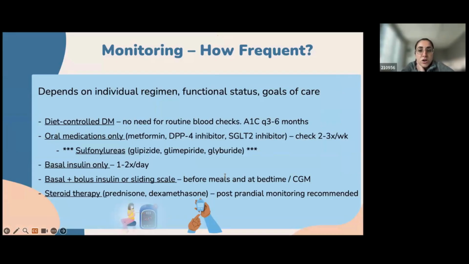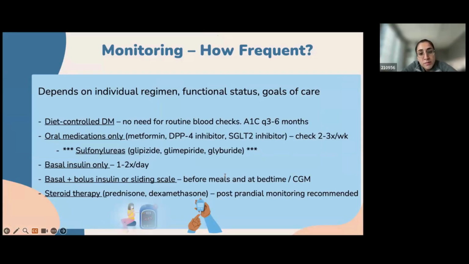Frequency really depends on the individual regimen being used, the patient's functional status, and their overall goals of care. If we're dealing with diet-controlled diabetes, then there's really no need for checking blood glucose, and an A1C every 3 to 6 months is sufficient.